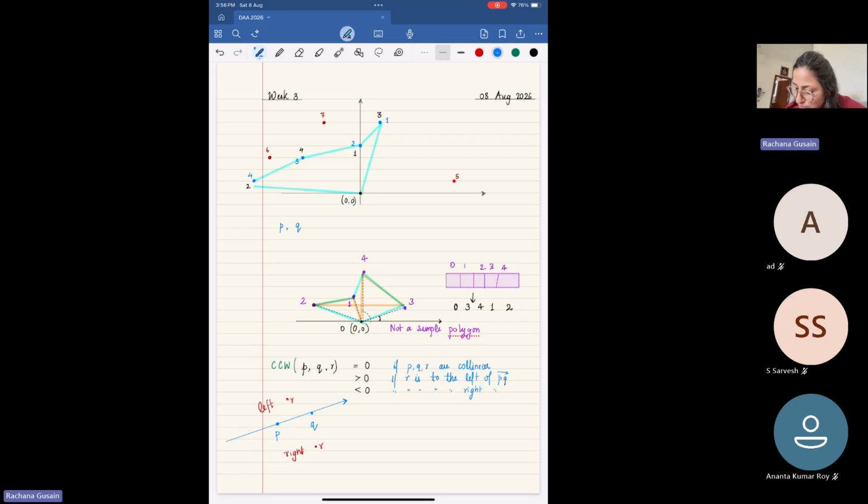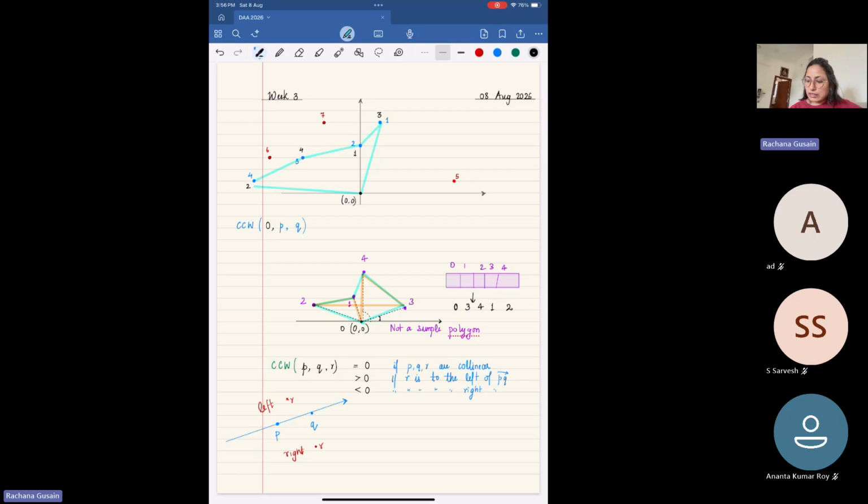For CCW, I need 3 points, right? CCW requires 3 parameters, P, Q, and R. I have these 2 points, P and Q. What is the third point I should take? The origin, right? Good. So I'll take origin, P and Q.